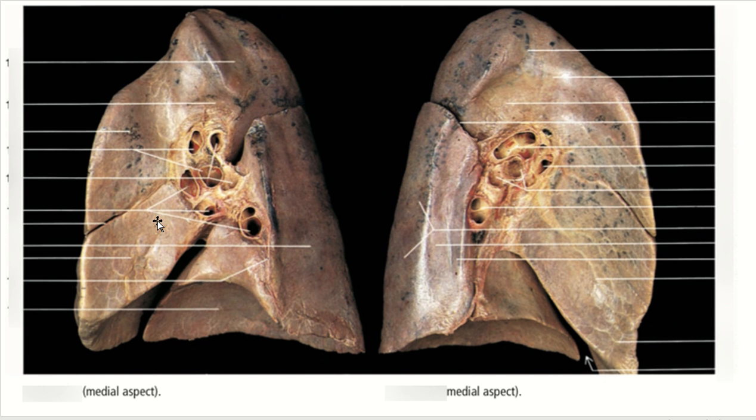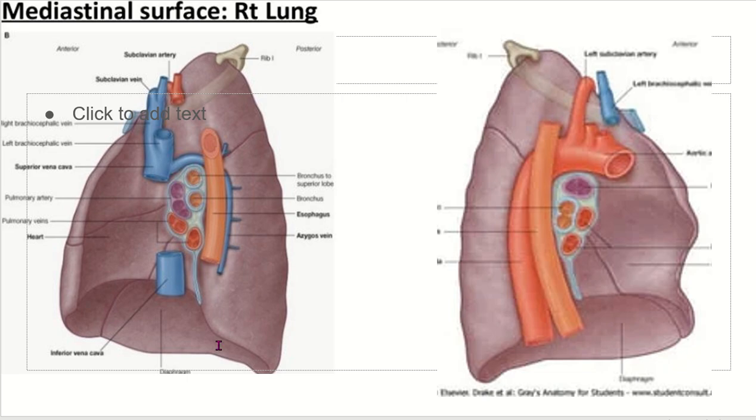This is cardiac impression, or cardiac area, because here heart is related. This is the relationship of the mediastinal surface of the right lung. This is left lung. In the right lung, more venous impression is present. In the left lung, more arterial impression is present.